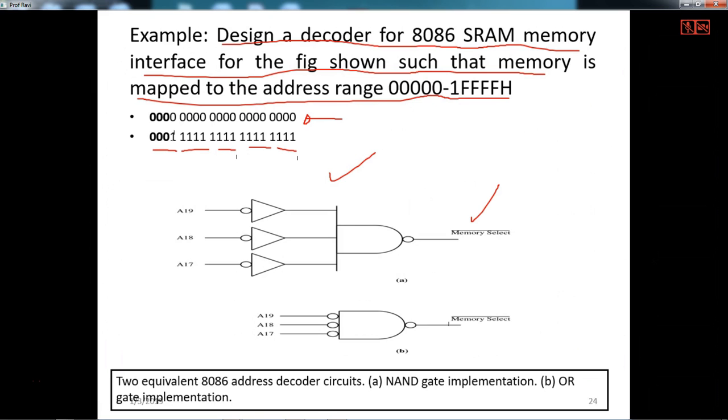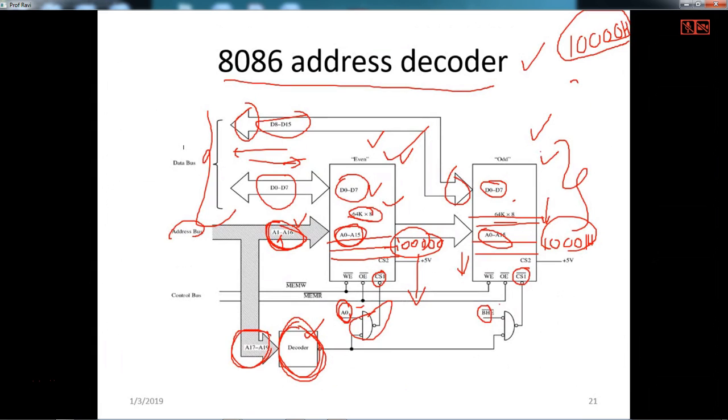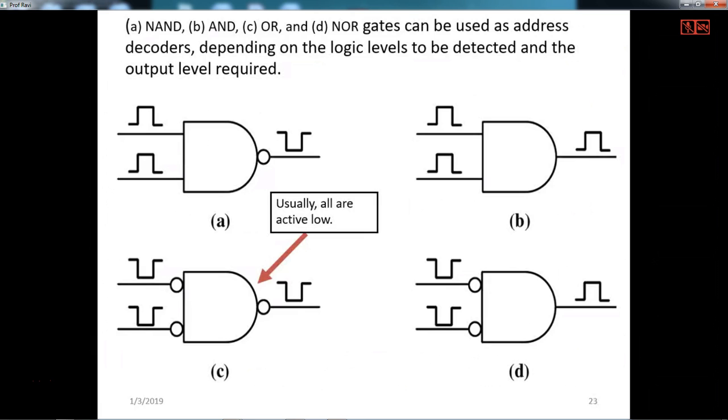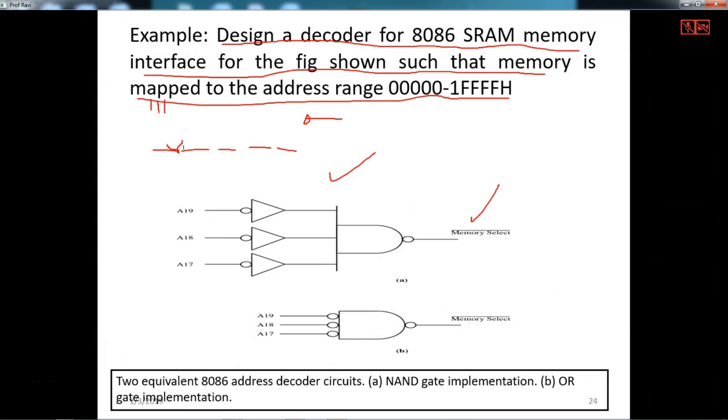So now this is like A19, A18, A17, and anyhow A16 is connected there only. So here A17, A18 and A19, when they are all 0, if you have an OR gate here, the output is 0. So that is the OR gate you can design here.